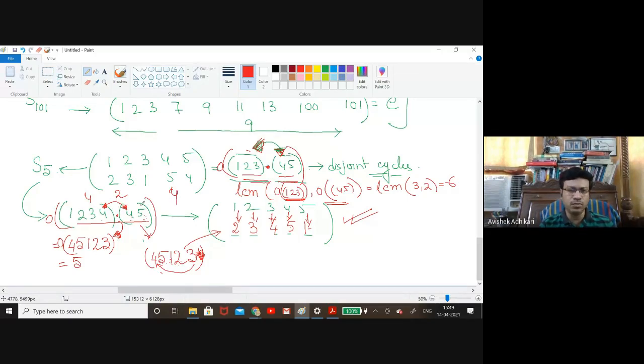Many of the students give the result as order 4, because the LCM of 4 and 2 is 4, but the actual order is 5 because there are some common elements here. Whenever you have common elements, you must make it in a simplified form and find the order of that simplified form when it is in a disjoint way.